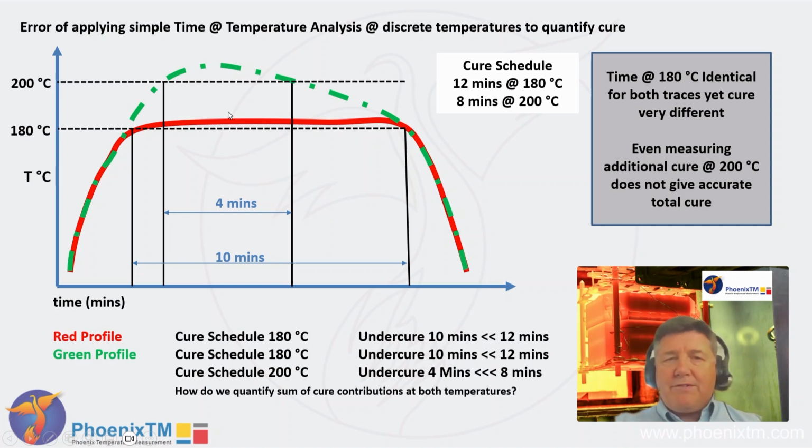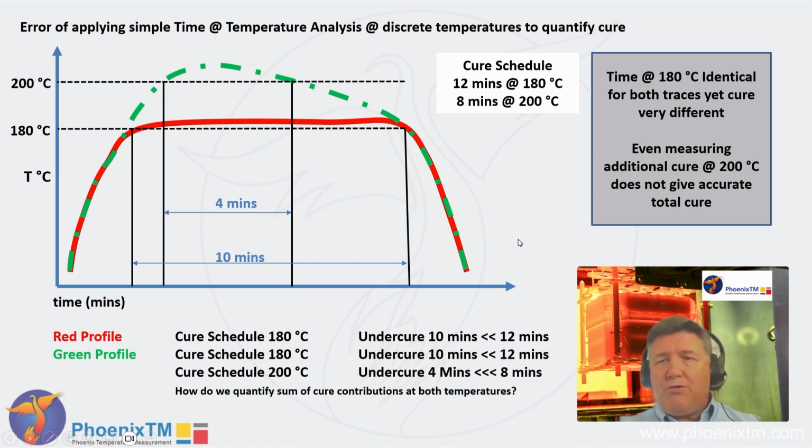From common sense, though, you can see that the green trace exceeds the upper maximum limit of the red trace significantly. So you would expect the cure of the green trace to be significantly higher than the red trace. But if we quantify purely at 180 degrees, we will get a numerical analysis result that implies that both traces are cured the same.